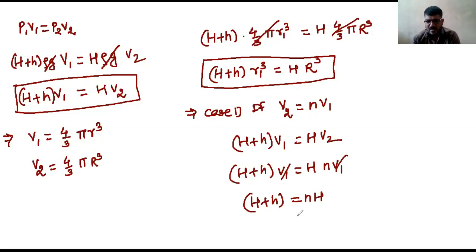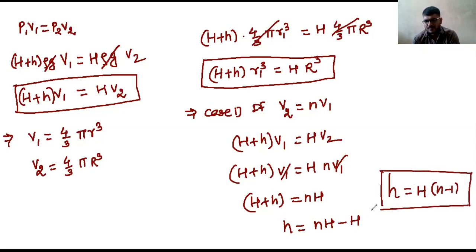So suppose now I have transferred this here, then h is equal to n H minus capital H, and then you are getting height h is equal to capital H into n minus 1 for this case, isn't it? Like this, you can create formulas on your own. Capital H is equal to h by n minus 1, or h is equal to H into n minus 1.